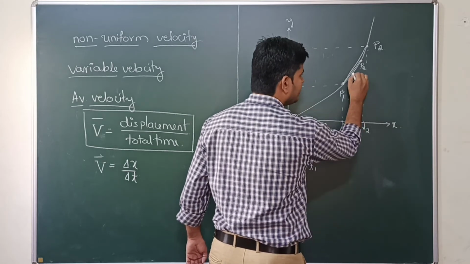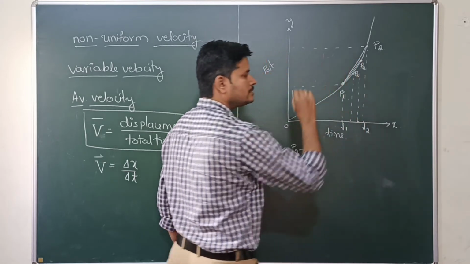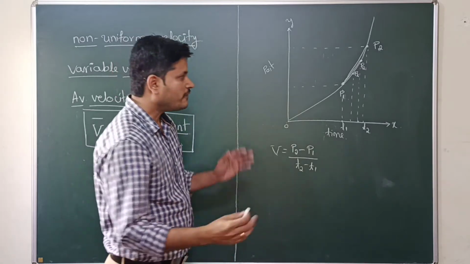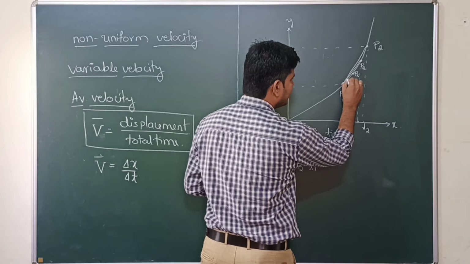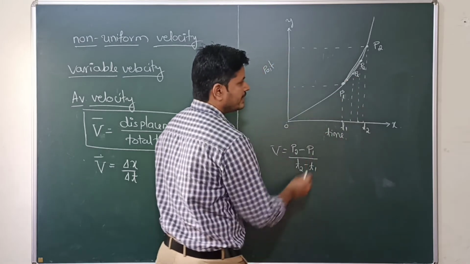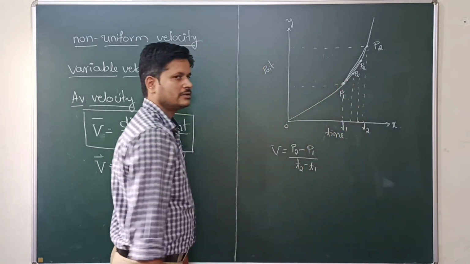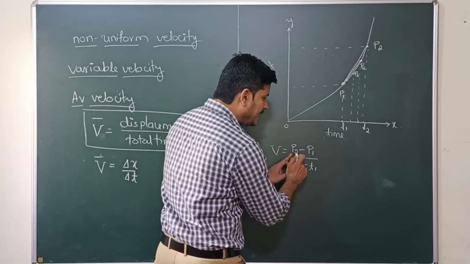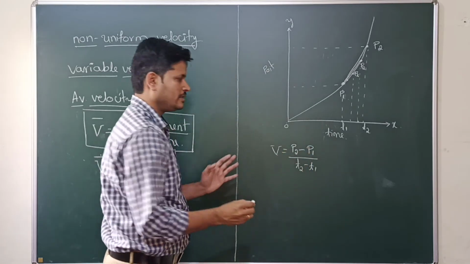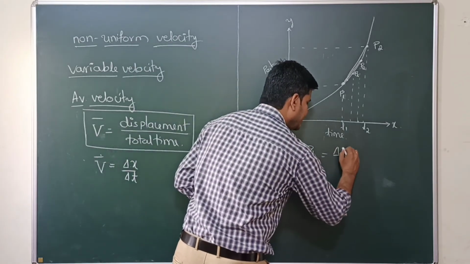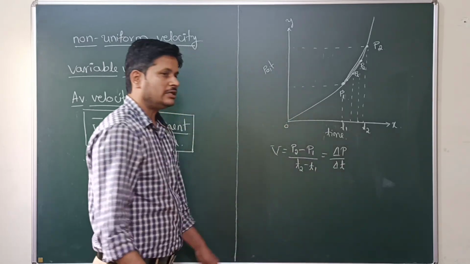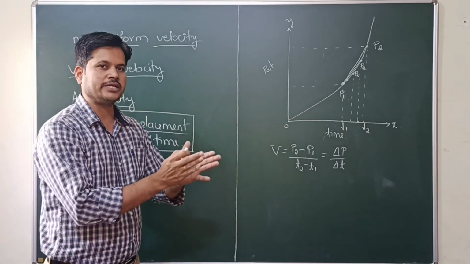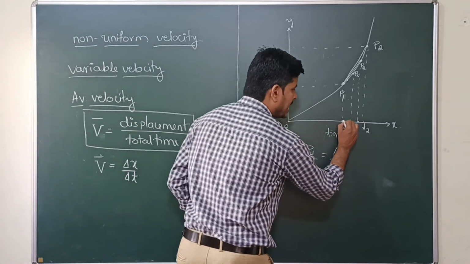Next, P2 will come to here. If you further reduce the time, and finally it reaches here. That means this P2 minus P1 is the change in the position to the change in the time. The time goes on reducing to a particular instant of time.